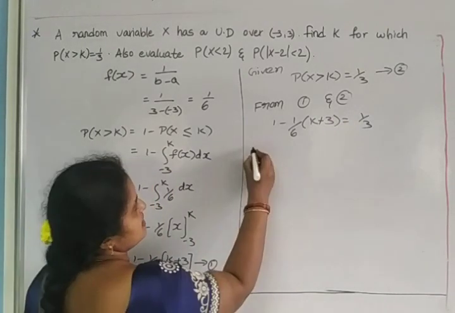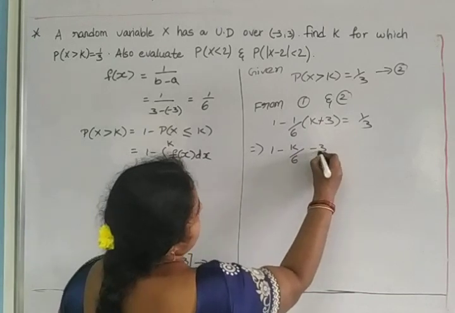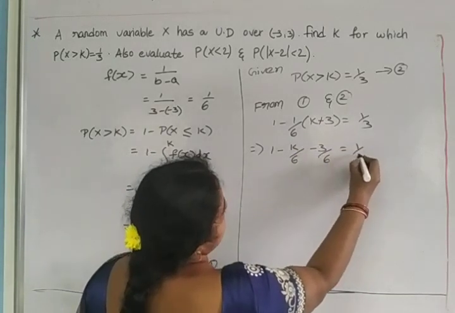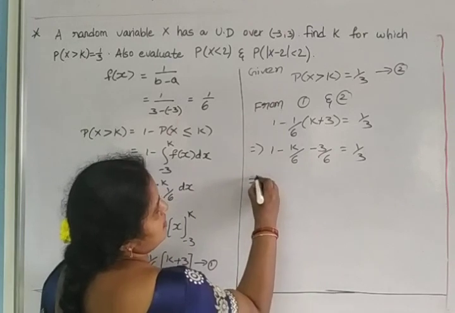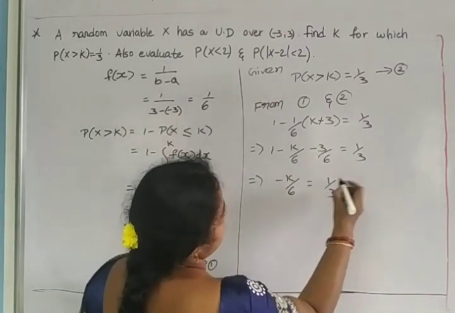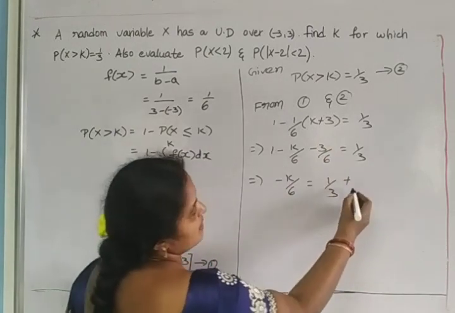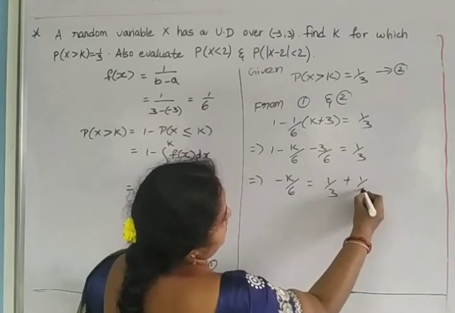So which implies 1 minus k by 6 minus 3 by 6 equal to 1 by 3. So this implies minus k by 6 equal to 1 by 3 plus 3 by 6 means it is 1 by 3, so 1 by 2.